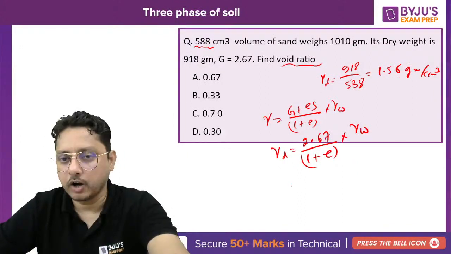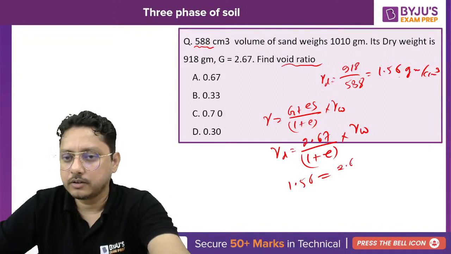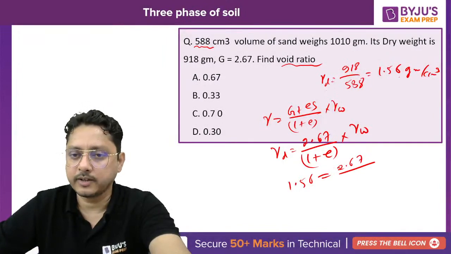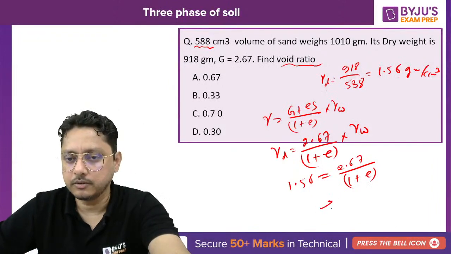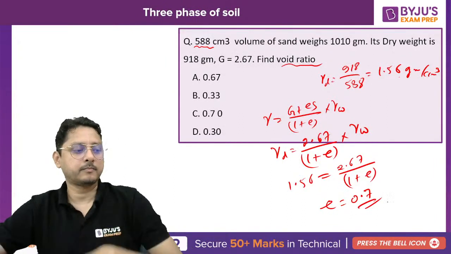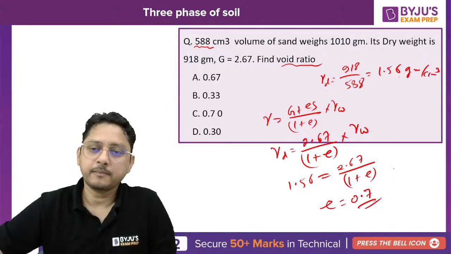Gamma D you already got as 1.56, and gamma W, the unit weight of water, is 1 gram per cc. From here just calculate the value of the void ratio, which will be almost around 0.7, isn't it? Yes, Harita, absolutely correct.